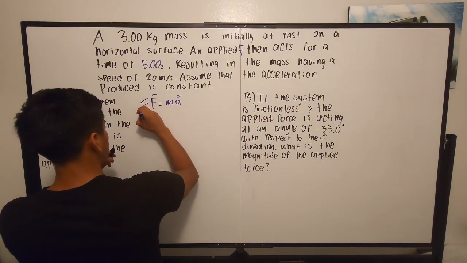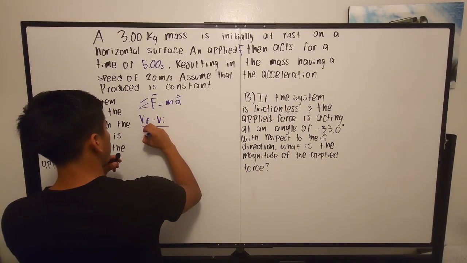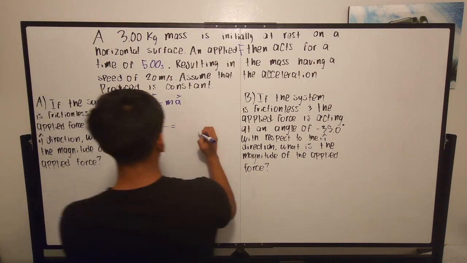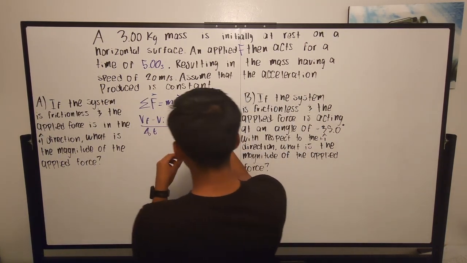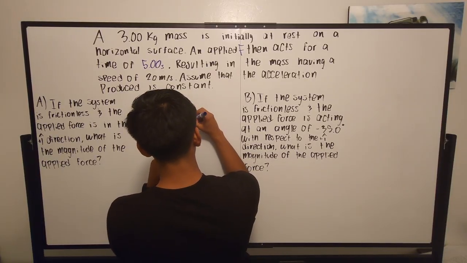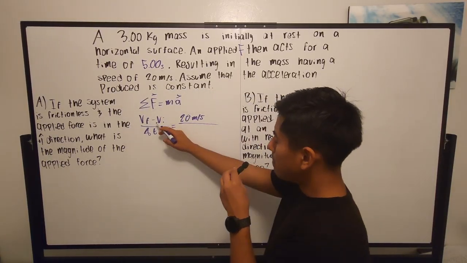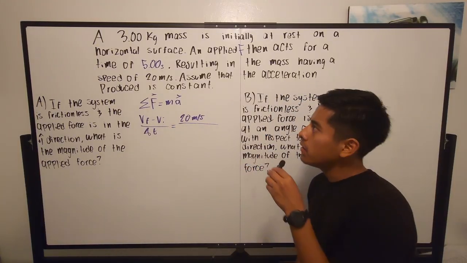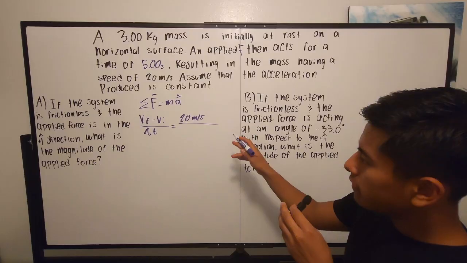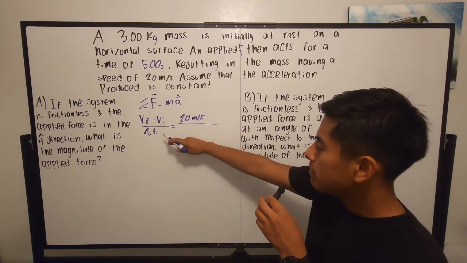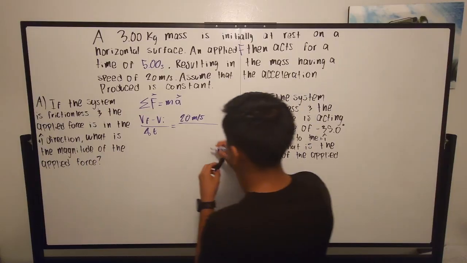So velocity final minus velocity initial over the change in time. Writing that out, the final velocity is 20 meters per second, minus the initial velocity, but this mass started at rest, so it's going to be 0. So I'm not going to write it down. And it's going to be over the change in time, which is 5 seconds.